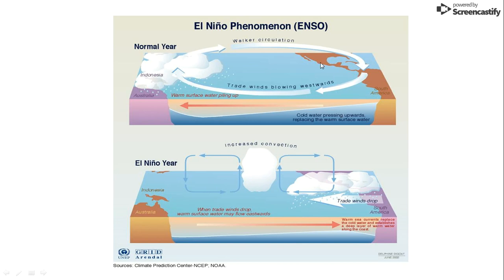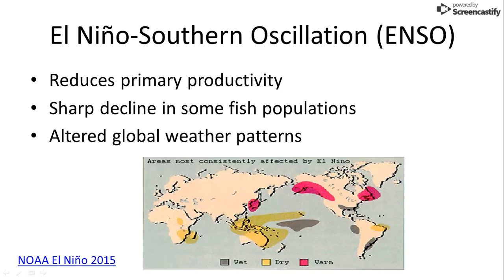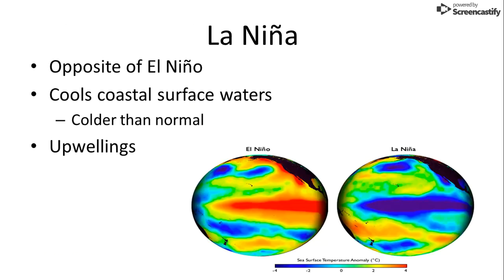And here you have cool, dry temperatures. When those trade winds stop, the upwelling can't happen. The warm water stays over here, and you end up with wet weather on this coast and dry weather on this coast. So it's kind of the opposite of what happens normally. And this is just reiterating what I said before.